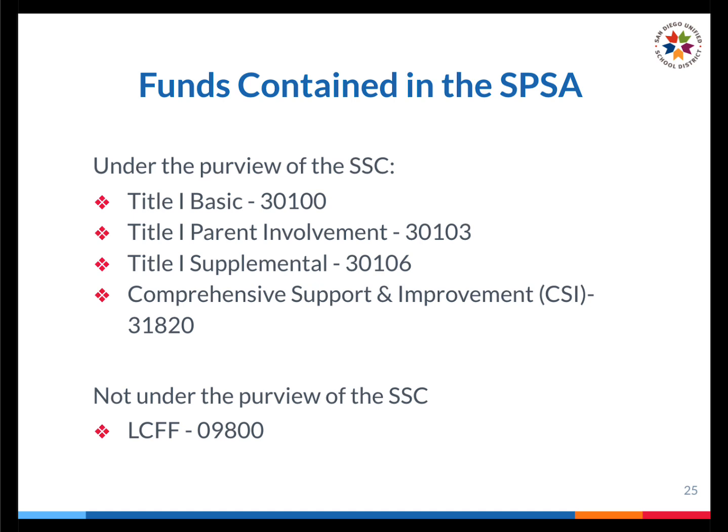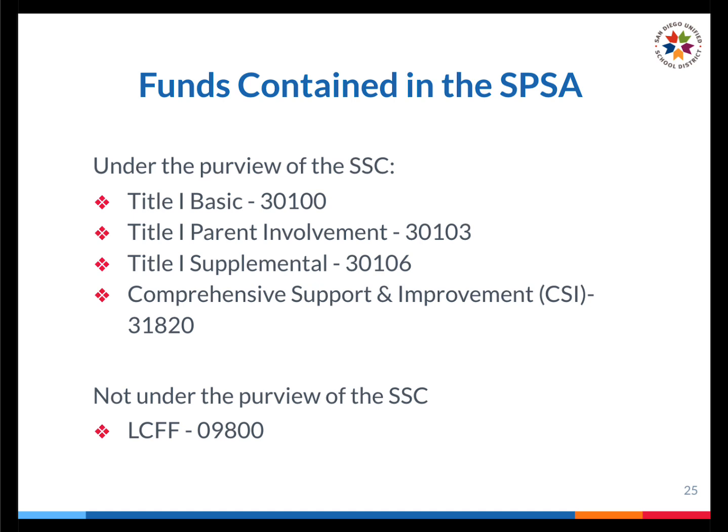Title I funds are under the purview of the SSC. That means they allocate and monitor these funds throughout the year. These funds include Title I Basic, or Resource 30100, Title I Parent Involvement, or Resource 30103, Title I Supplemental, or Resource 30106.